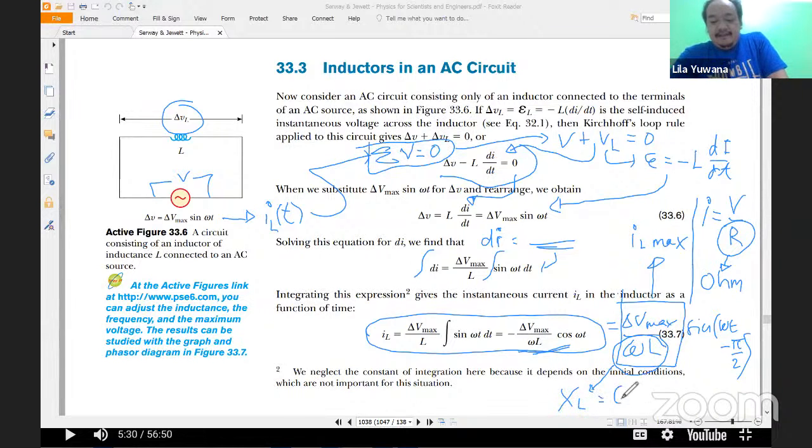XL equals omega L. And this one has the unit of Ohm.